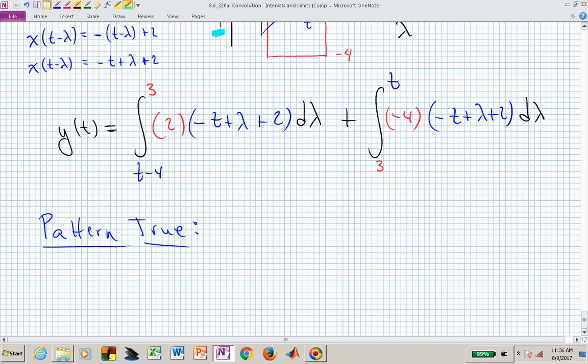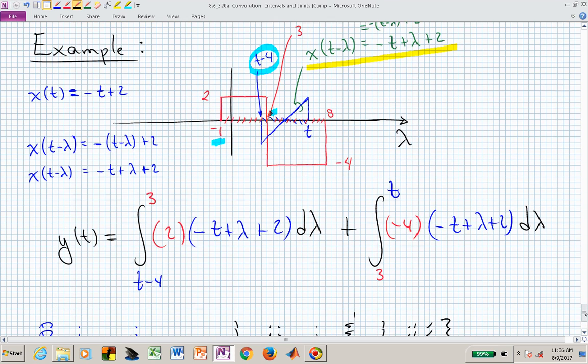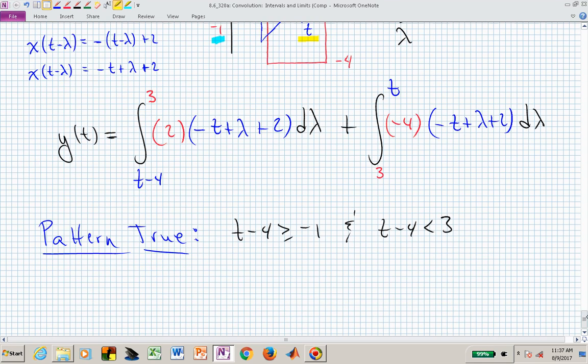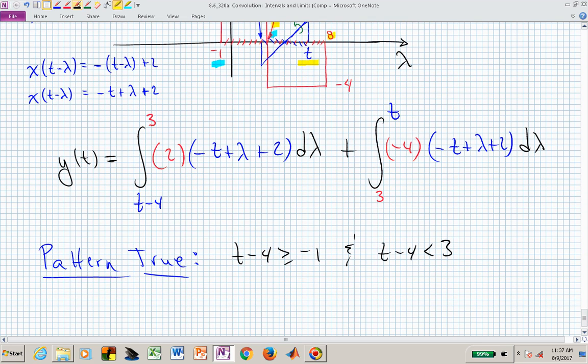So this pattern is true as long as t minus 4 is bigger than or equal to -1 and t minus 4 is less than 3. We also need t to be between 3 and 8. And some of these may be more constraining than others. But let's now say that t needs to be bigger than 3 and t is less than 8.